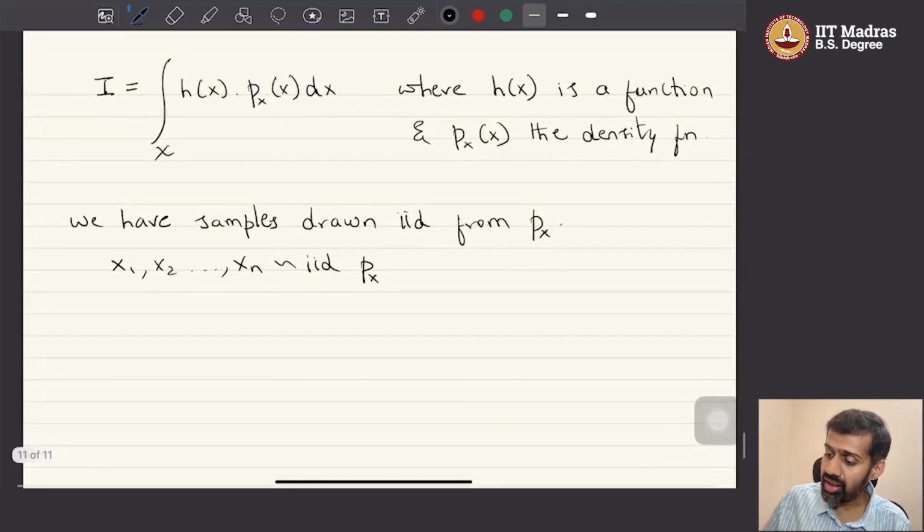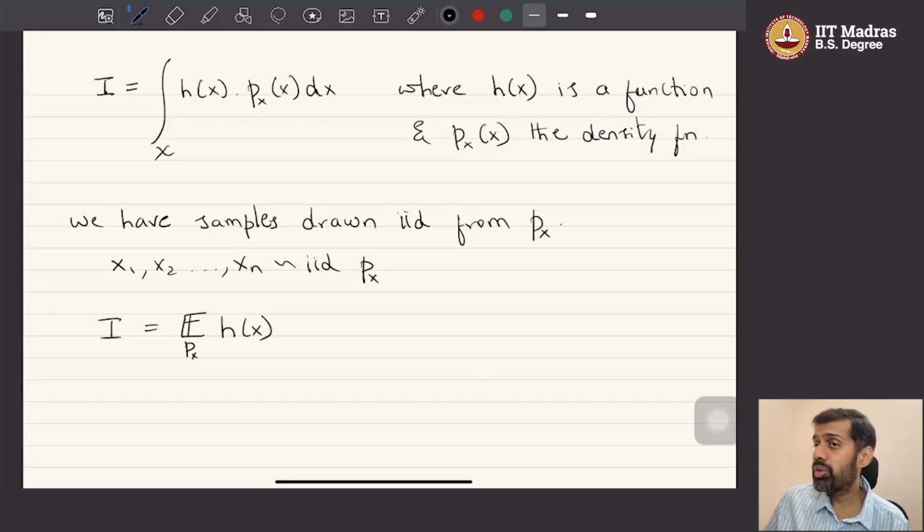Turns out we can, because the integral is nothing but the expectation of the function h(x) with respect to distribution p(x), right? I hope that all of you know this definition.